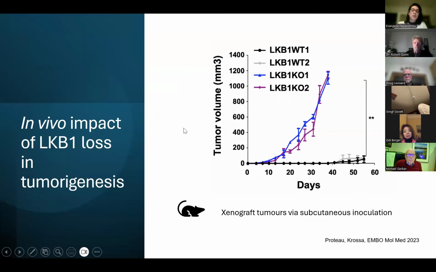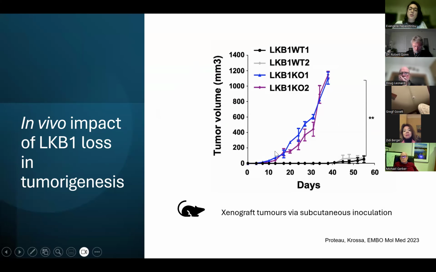Next, they wanted to go a little bit closer to real life conditions. Closer from cell lines is the in vivo experiment, and they used mice where they inserted xenograft tumors via subcutaneous inoculation.